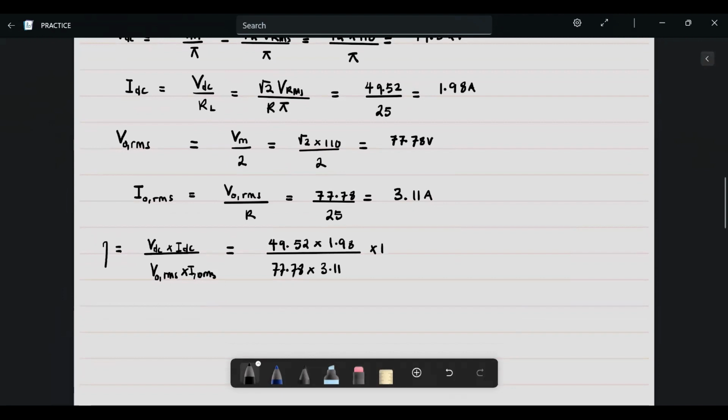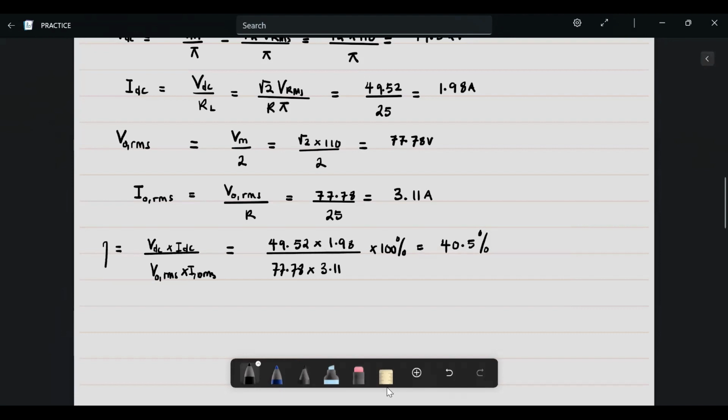I multiply by 100% because I want my efficiency in percentage. So 49.52 times 1.98 divided by 77.78 times 3.11 gives me about 40.5%. So this is the rectification efficiency.